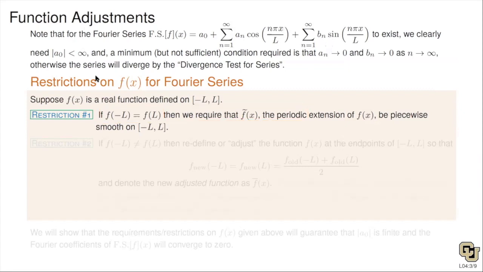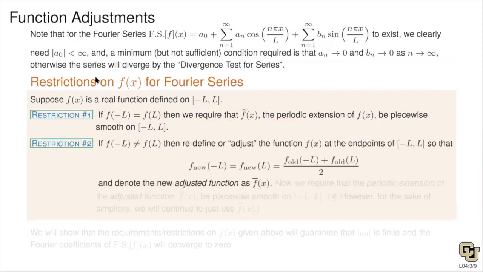If the endpoints aren't equal, then we're going to redefine the function. Some books use the term adjust. Some books use the word normalize. I'm just going to go with adjust or redefine. We're going to redefine or adjust the function at the endpoints and redefine the new endpoint value to be the average of the old endpoint values.